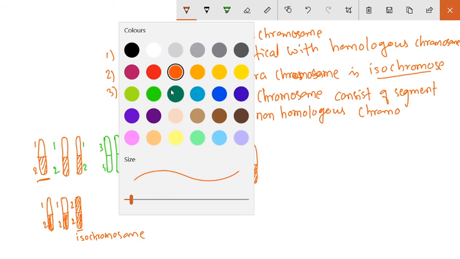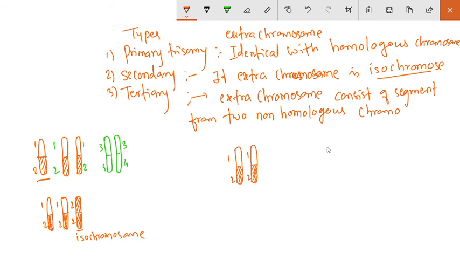And there is another pair of homologous chromosomes, 3 and 4. Similarly here also 3 and 4.